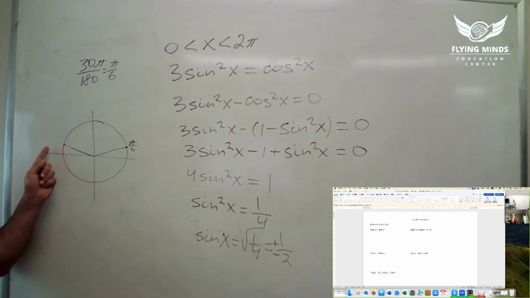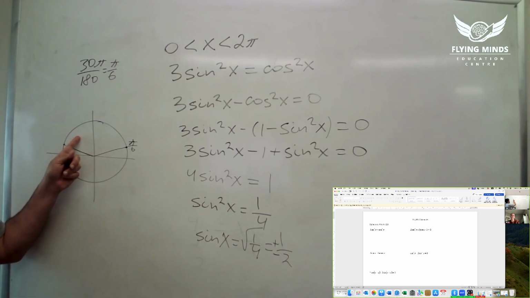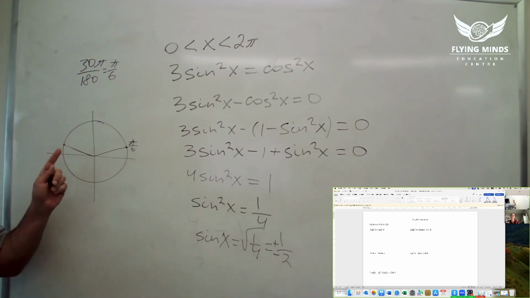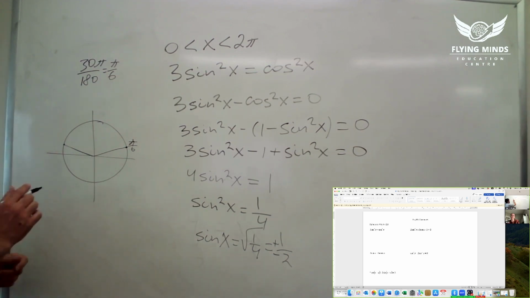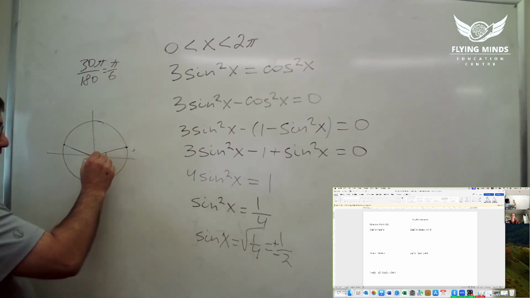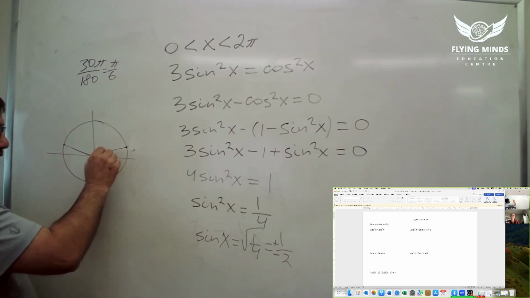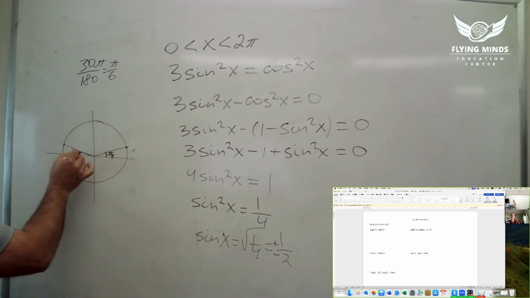Are you following? Not the second quadrant. Why? This is the second quadrant, right? I just understand the angle in pi over 6. Oh, I mean, in the second quadrant it's here, right? Pi over 6. Yeah, I understand that.